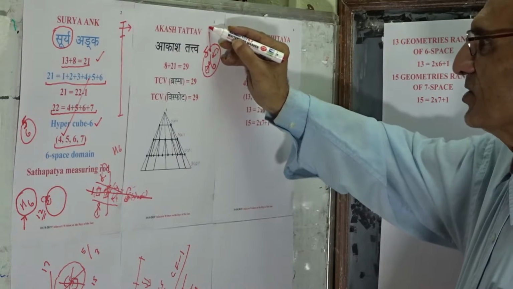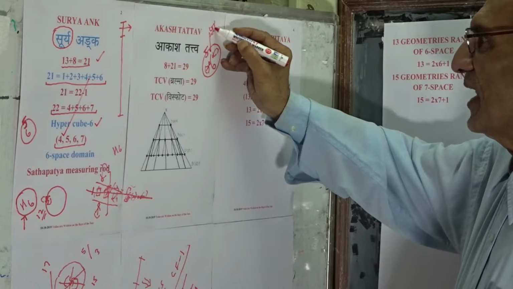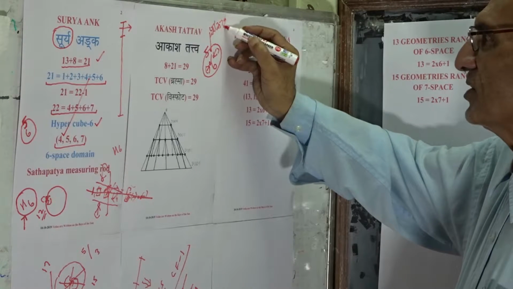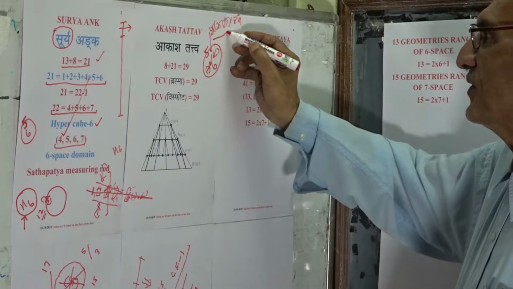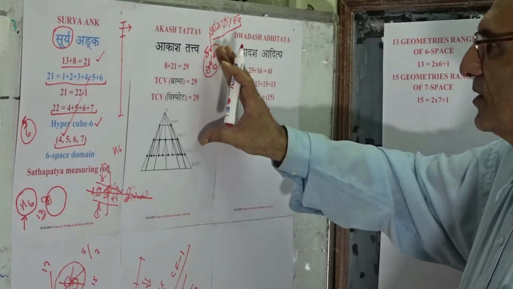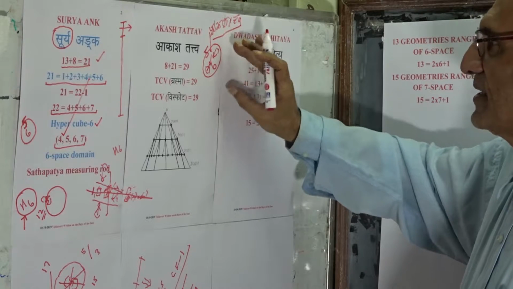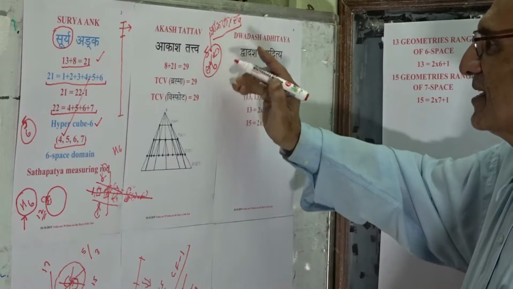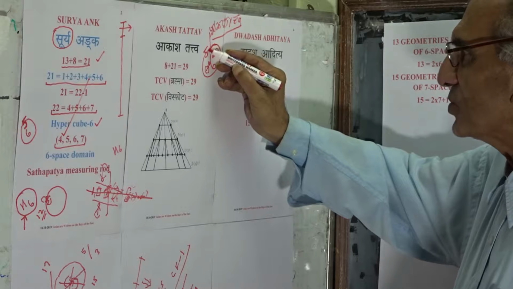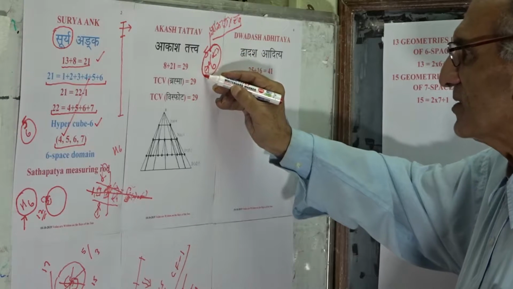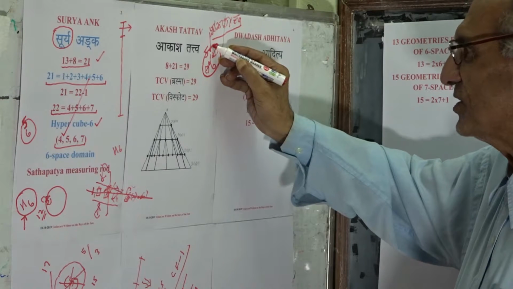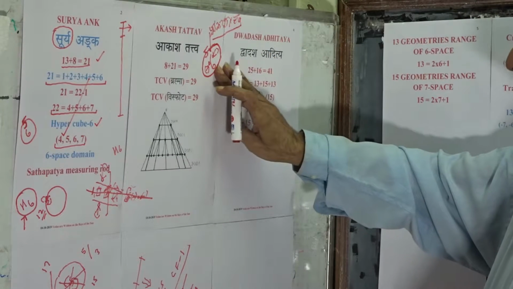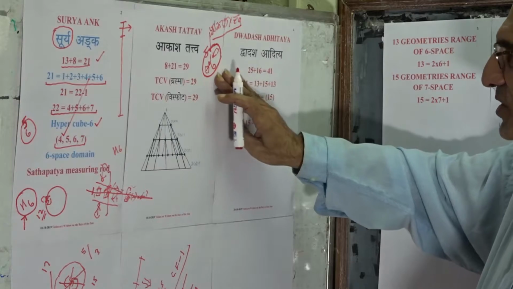It is Akash Tattva, it is the 5th element. 5th element means the Akash is space, and it is enveloping Surya. The space which is enveloping Surya, or space within which 6 space Surya is the center, is the origin.